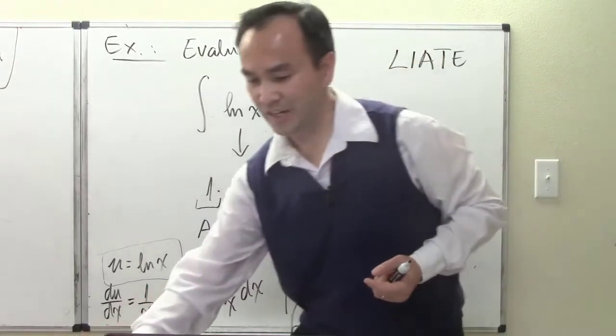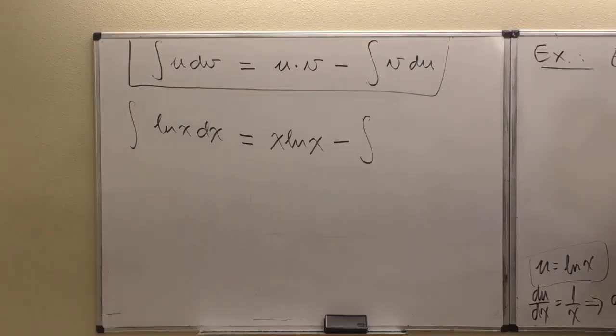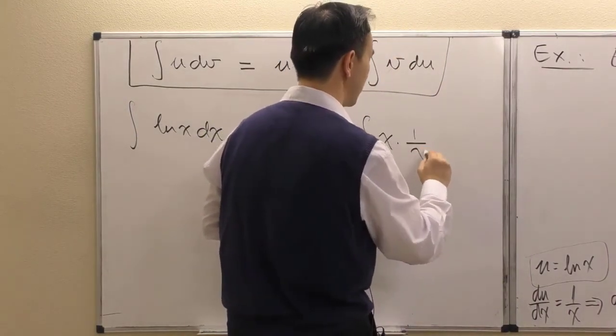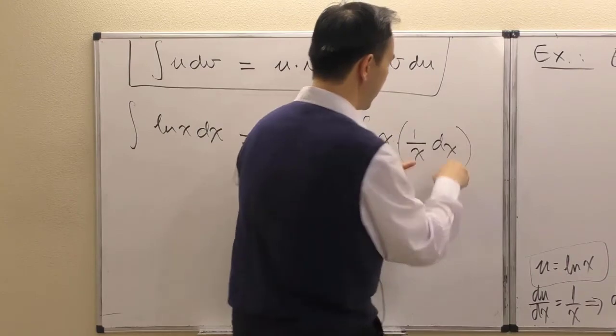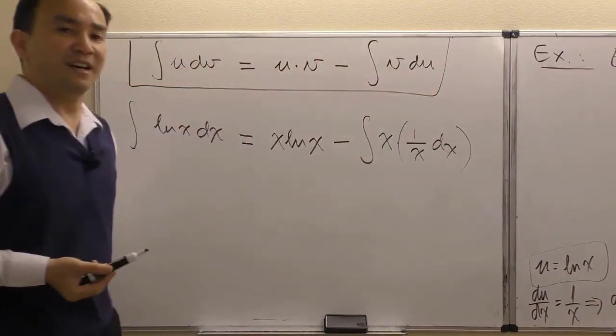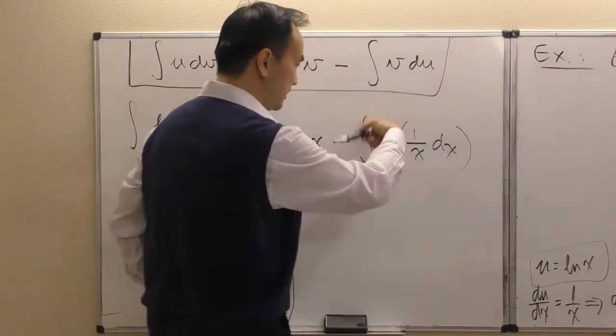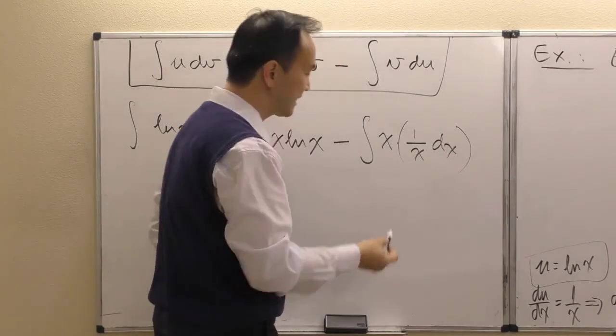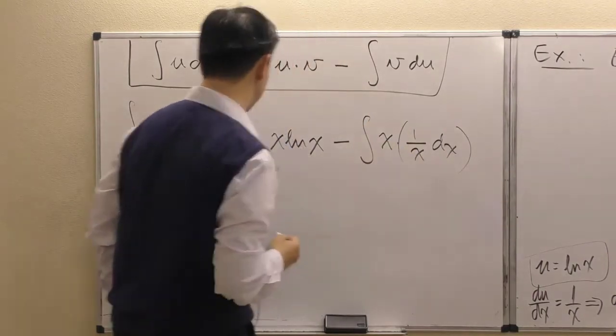And so in that way, now I'm looking at x times 1 over x dx. That's substituting in for the du. Algebraically inside of this indefinite integral, before we attempt to find it, we can cancel out the x's there.